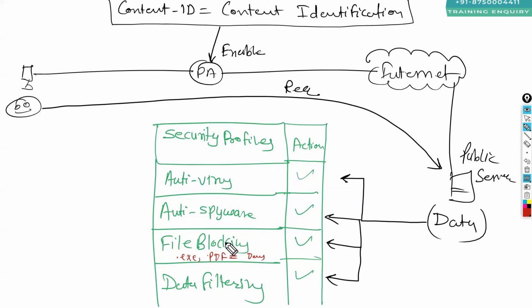With the help of file blocking, we can control file extensions like exe, pdf, txt, doc, etc. If the file will go through firewall, firewall can generate a log or firewall can block that file. And with the help of data filtering profile, if any file contains credit card information, firewall can generate a log or firewall can drop that file.